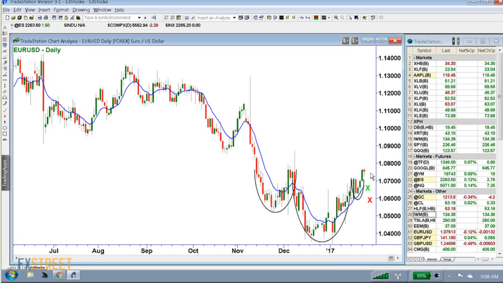Most people are aware of this. Head and shoulders in an uptrend, inverted head and shoulders in a downtrend are reversal patterns. It's really the point where lower highs and lower lows change into higher highs and higher lows.